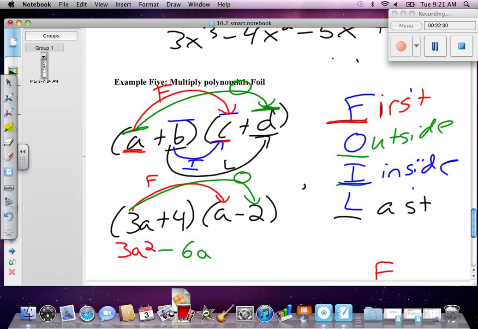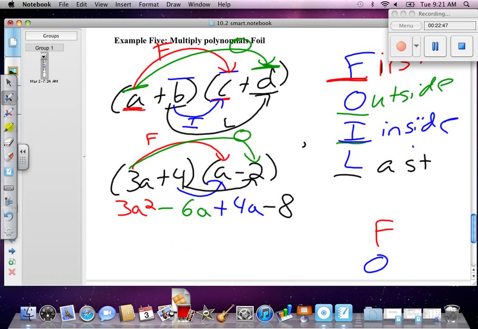Now I'm going to do my inside ones, which is 4 and a. So it's 4a. Then I'm going to do the last ones. 4 times negative 2, which is negative 8. Okay? Which ones are the like terms for these? Negative 6 and 4. So I get 3a squared minus 2a, because negative 6a plus 4a is negative 2a, minus 8. And we're done.